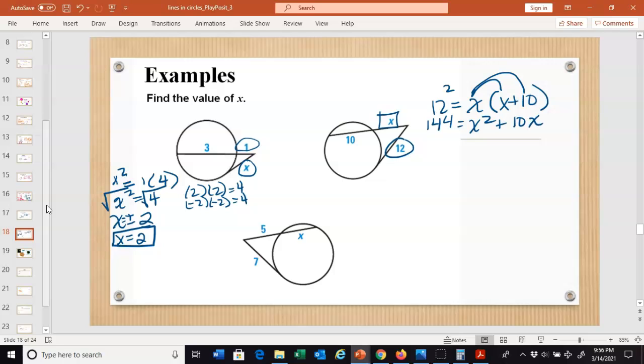Do you guys remember from algebra how we have a squared term and an x term? So we're going to need to factor this. Remember when we factored, we got it to look like that. So let's get everything on the same side. I'm going to move 144 over. So we have x squared plus 10x minus 144 equals 0. Now that we have everything on the same side, we can go ahead and factor.